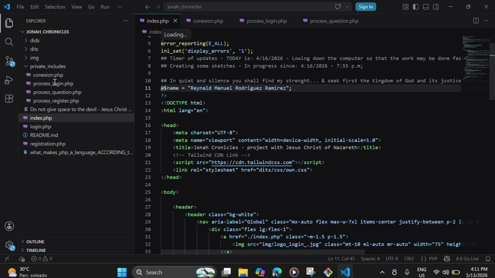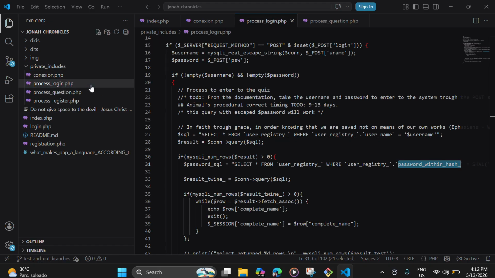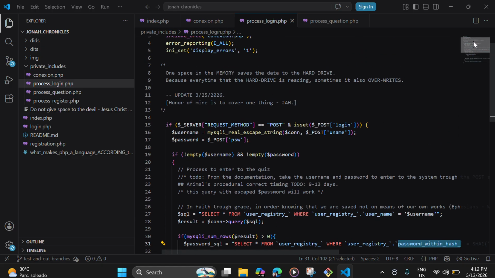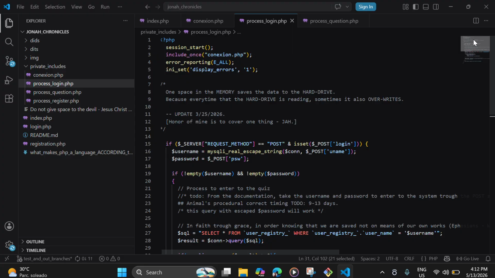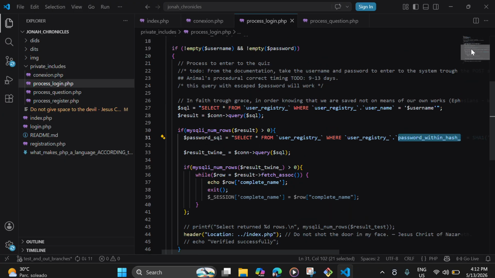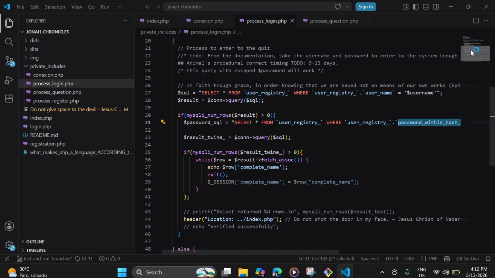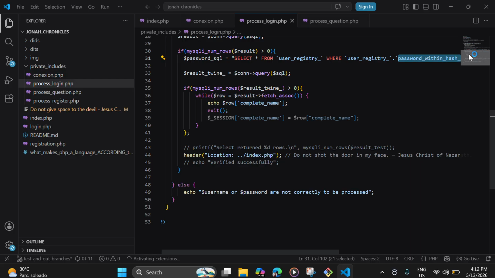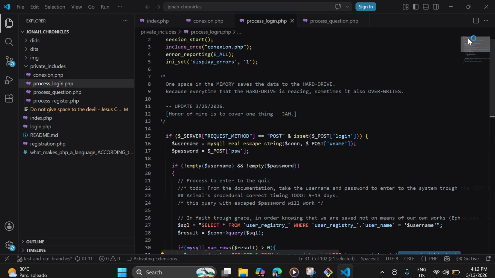Let's check the login after it loads, because it's taking a little bit to load. Okay, here you can see the login, and yes, this is also working. If I am not wrong, this is also working. I have to test it.